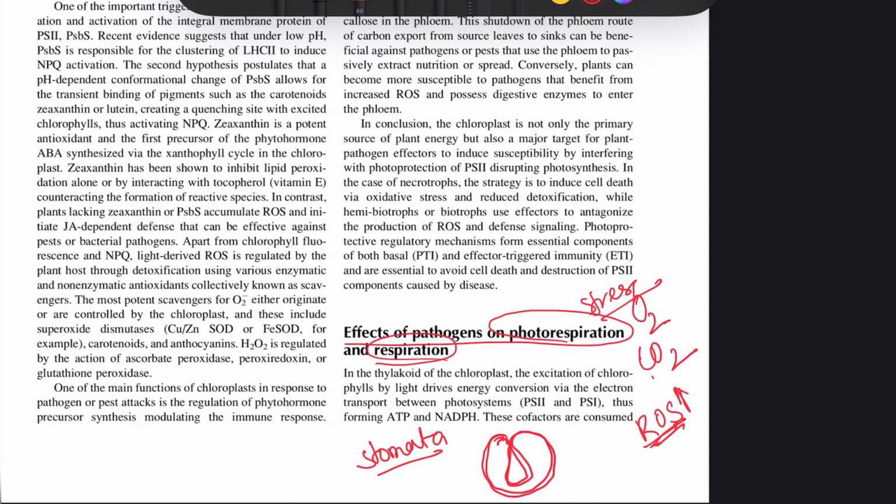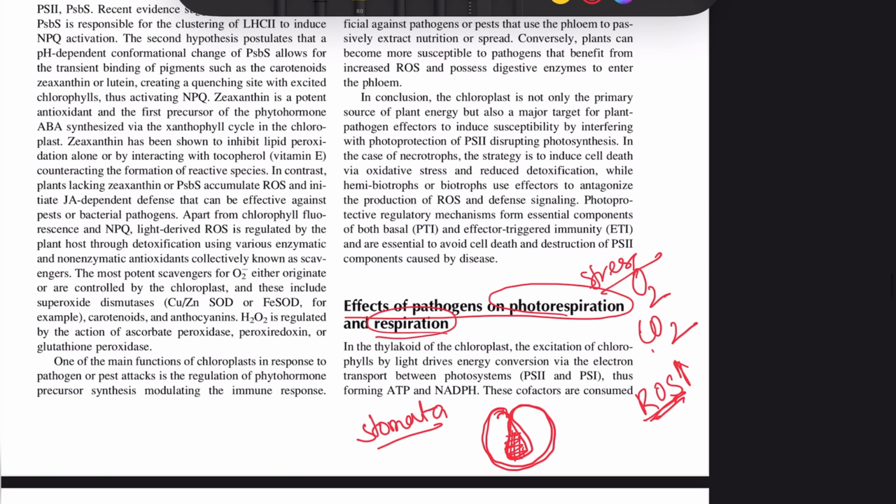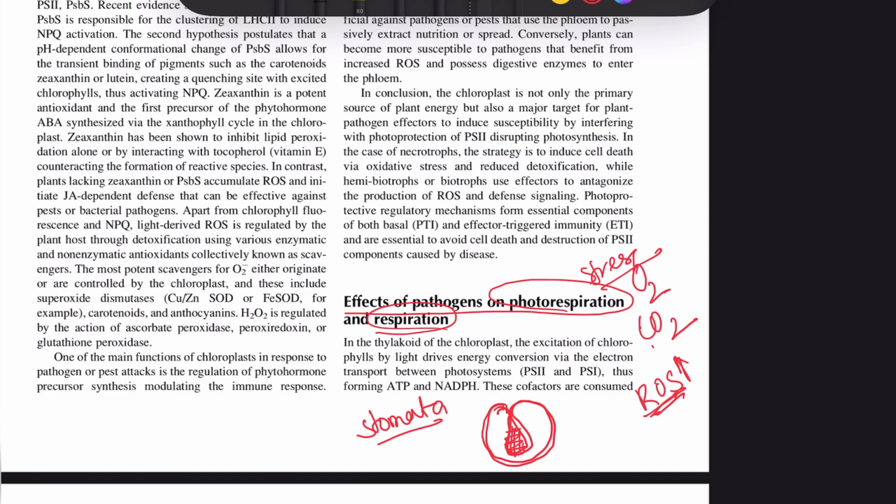If stomata are closed, one thought coming to my mind is there will be loss of transpiration, so water loss will be reduced. So let's see how they will be harmed. They enter through stomata and cause stomatal damage, which will increase photorespiration, and the production of H2O2.